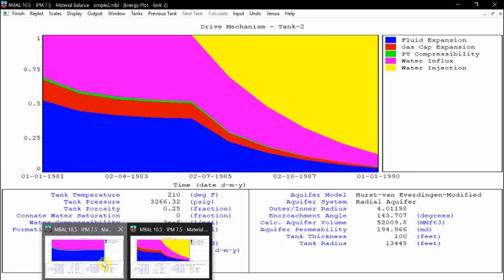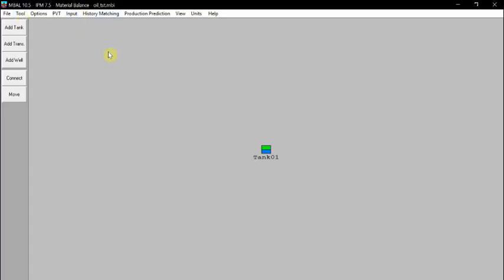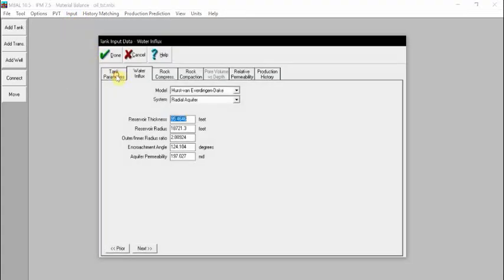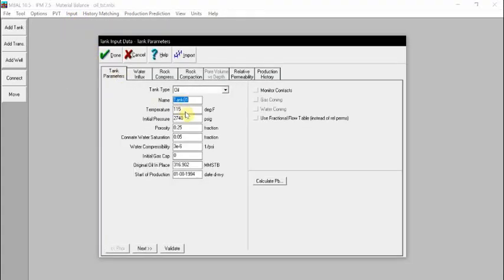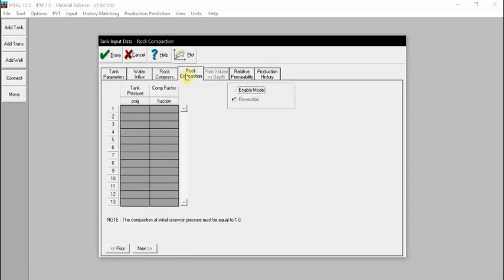The data that you need to get the energy plot is simple reservoir data, like temperature, pressure, porosity. Most of these data you get from Petrel after you create your model. Like I said before, rock compressibility and compaction is not that big of a contributor.